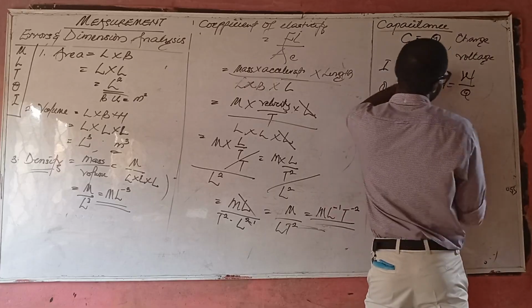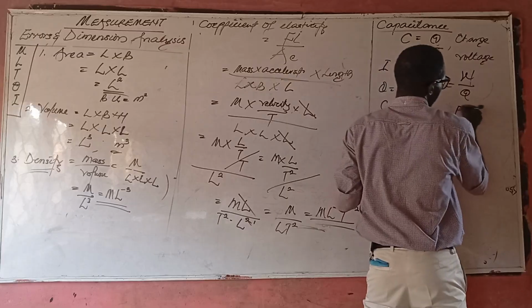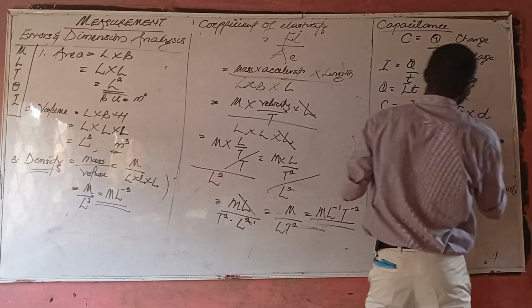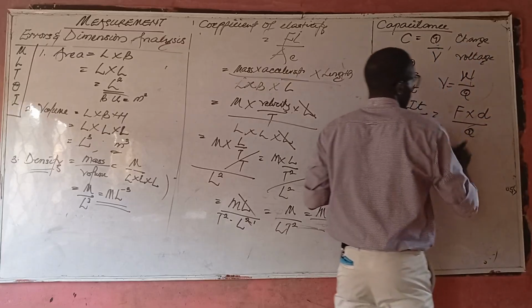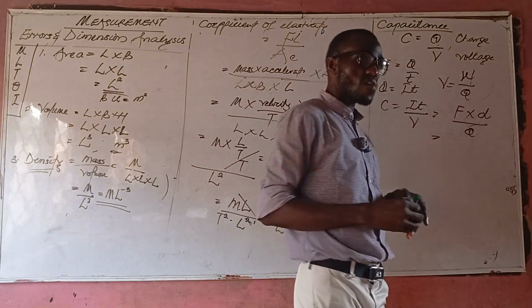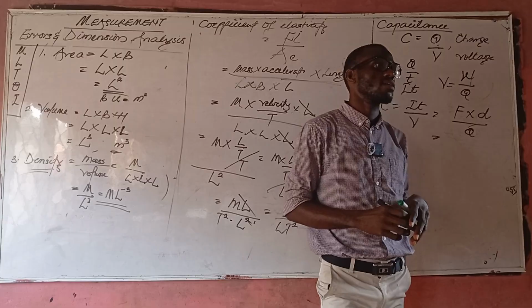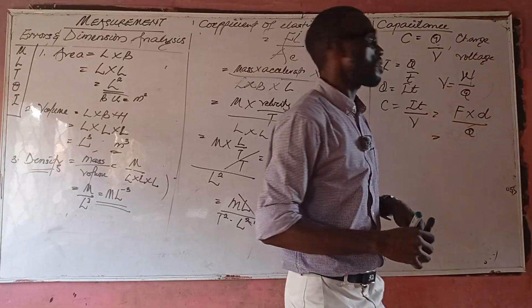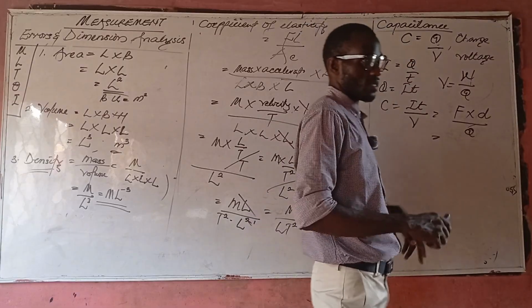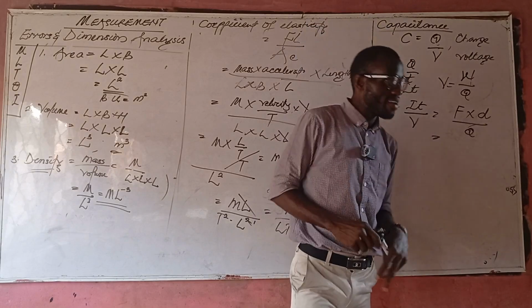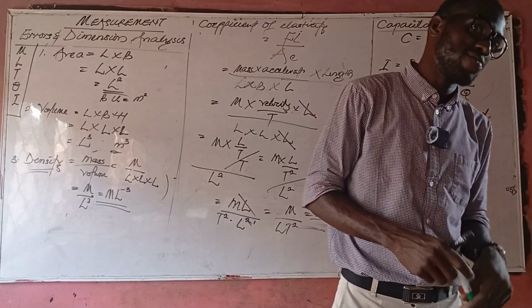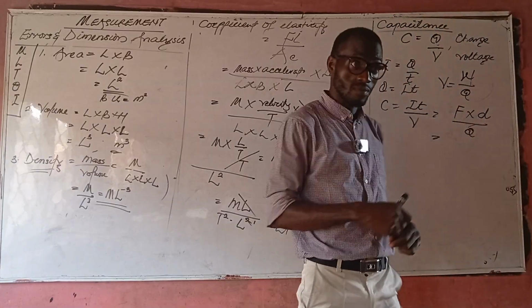So now here's my point. What's the formula for work done? Force times distance, over Q. This Q is still current times time. But this F is not just any F. It is electric force.